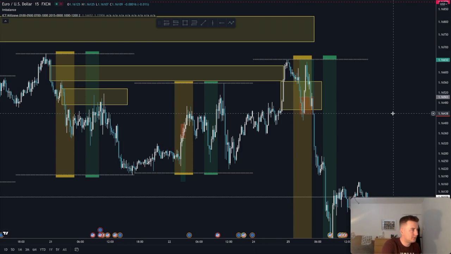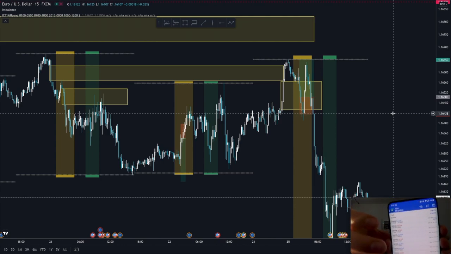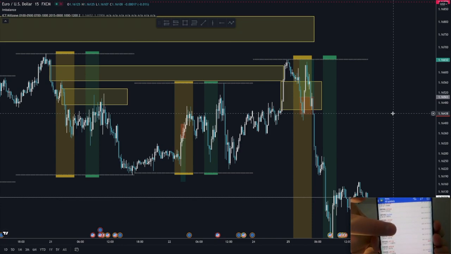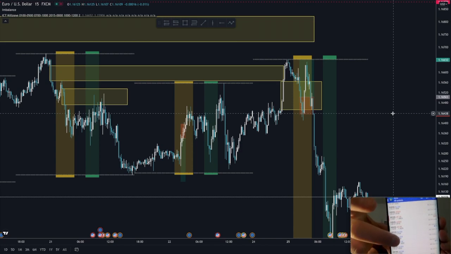So for those who don't believe me, let me just show you my MT4 account. This is this week's trading. So you see my euro, and then my GBP sell that I lost, my euro.